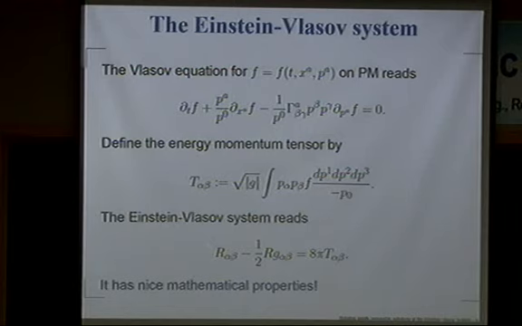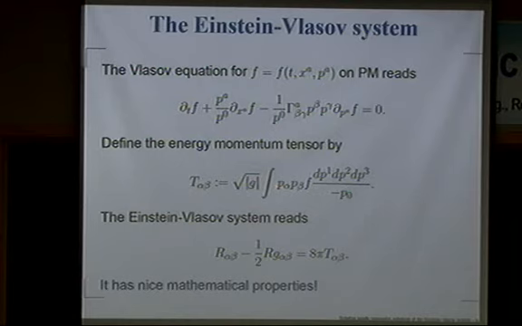So this left-hand side is the geometry, and you get those quantities out from the metric, whereas this guy is the energy-momentum tensor. And depending on which matter model you choose, it has a different form. And the form, when you have Vlasov matter, is given by this guy here, and you raise and lower the indices by the metric.